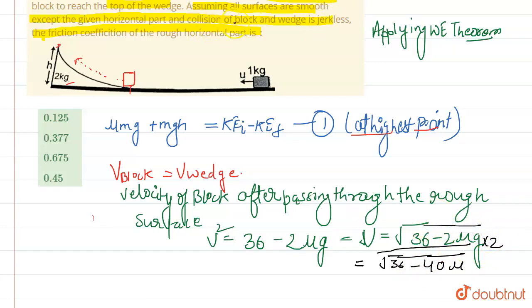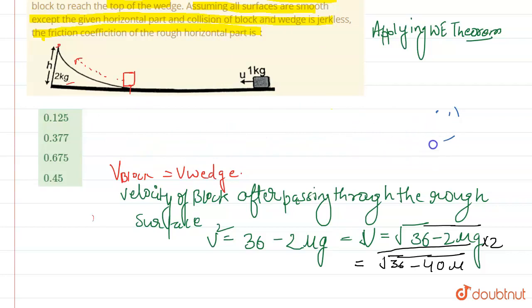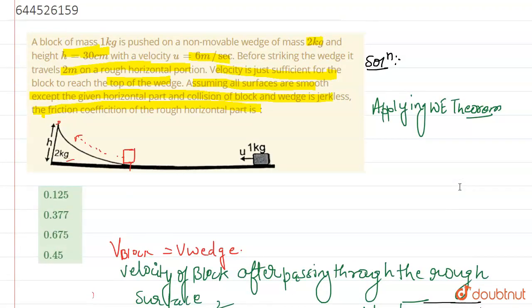Now applying the work energy theorem here, it will become minus mu times 2 g plus 3 is equal to half times 1 times 6 square minus 1 by 2 times 3 times v square.